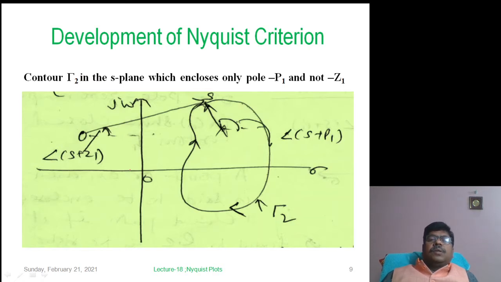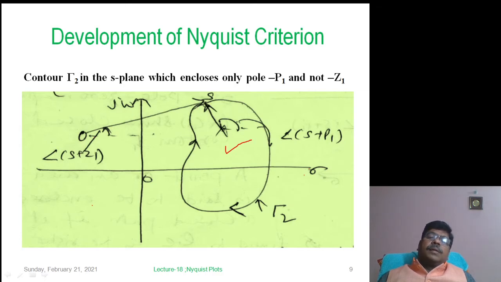Another contour here: you can see in this path only one root lies to the right of this path, and the other root is out of this path.